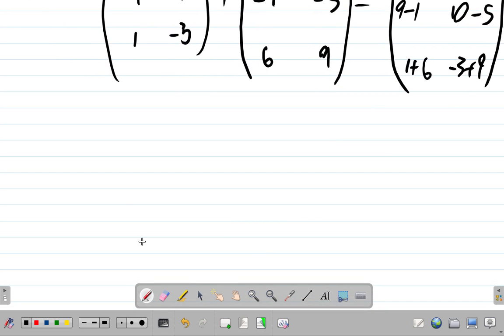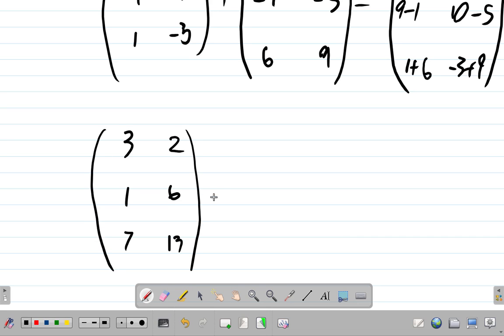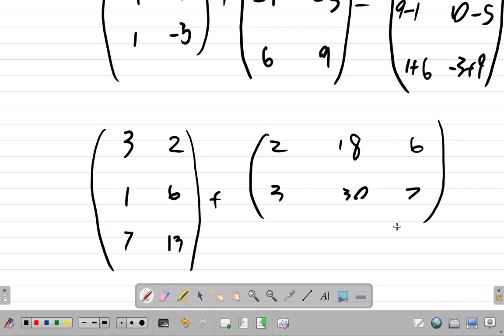Let's look at this other example. You have 3, 2, 1, 6, 7, 13 plus 2, 18, 6, 3, 37. How does that work? What do you add to what?